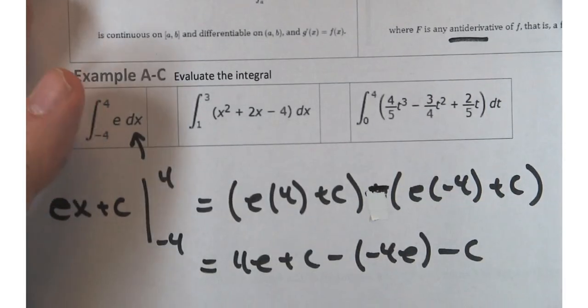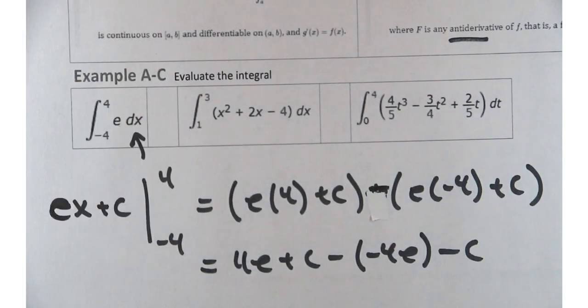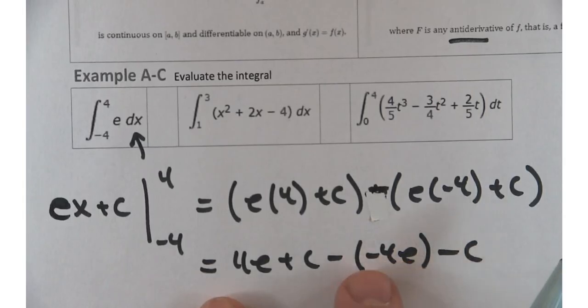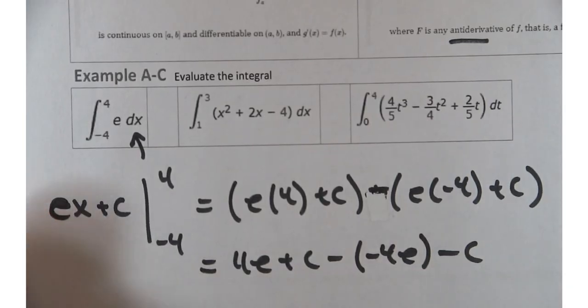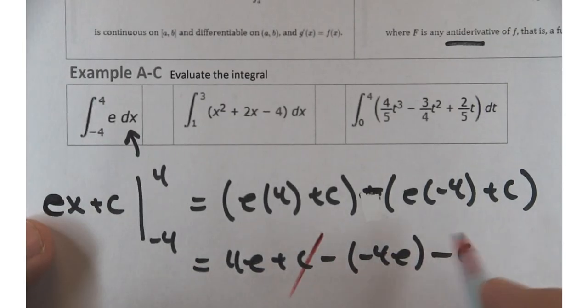So what happens here? Are we distributing that middle? You're distributing the middle negative term. Yes. So we've got a -4e, and we're subtracting that. So what's going to happen? Oh, the c's cancel. And that's an important thing I wanted you to see here, no pun, is that these cancel.